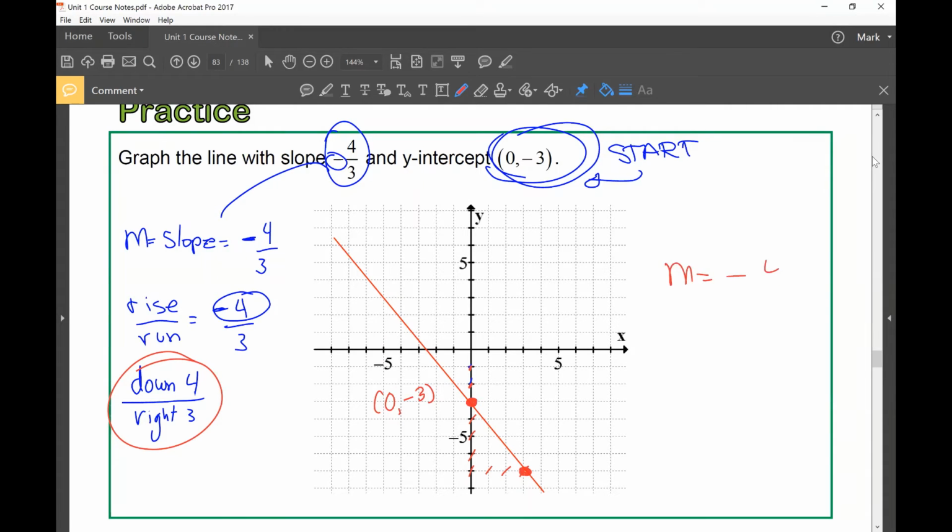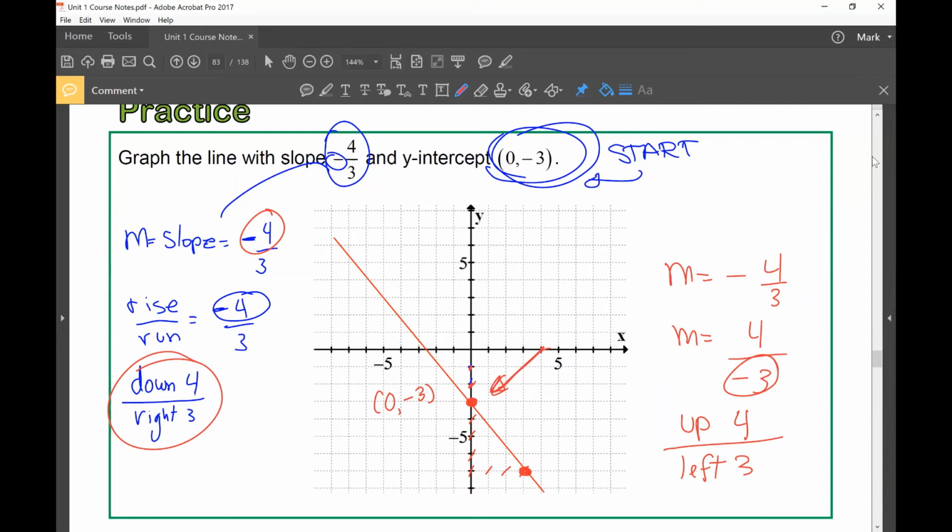So the slope is -4/3. You could also write this as 4 over -3, as long as one and only one of those numbers is negative. So what this would mean is I would go up 4 and left 3. Now let's do this from this point.